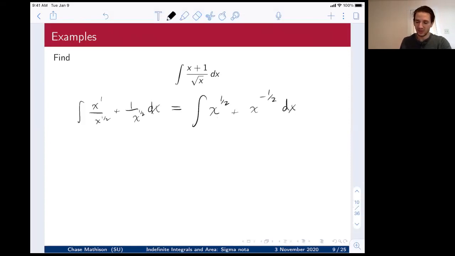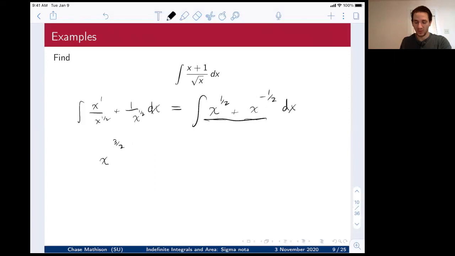dx. And now for both of these, you can use the opposite of the power rule for differentiation. So I just need to figure out what did I differentiate to get here. Well, in order to get to an x to the 1/2, I had to have started from x to the 1/2 plus 1, which is x to the 3/2.